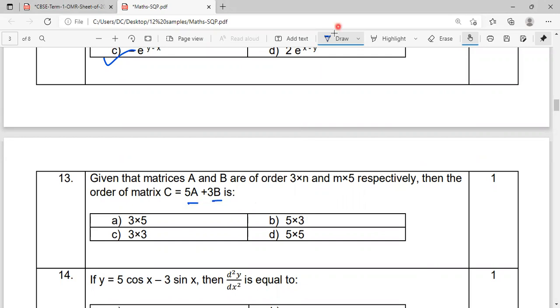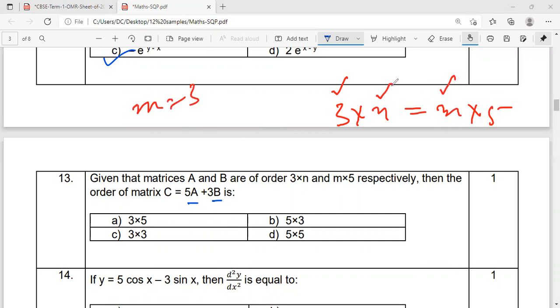We can add only matrices whose order is the same. That means 3 into n order is the same as m into 5 order. The number of rows in the first is 3, so in the second should also be 3. That means m is equal to 3. And the number of columns in the second is 5, so n should be 5.